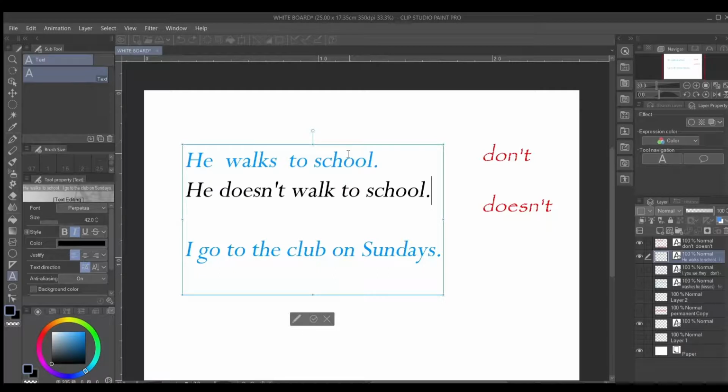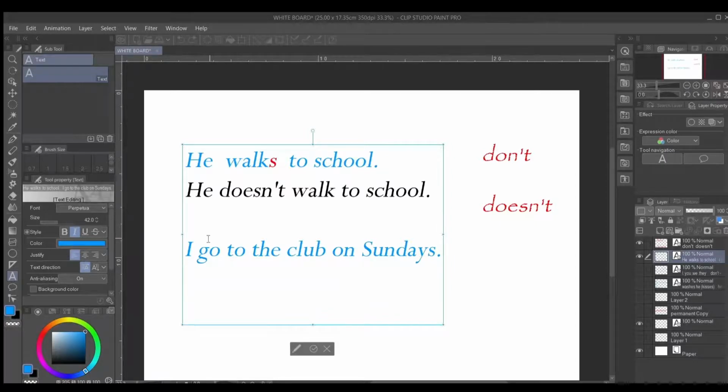Who can tell me the difference between this sentence and the other sentence? Here the S is beside the verb, while here the S went with the doesn't. He doesn't walk, the verb in the infinitive. He doesn't walk to school. I go to the club on Sundays.